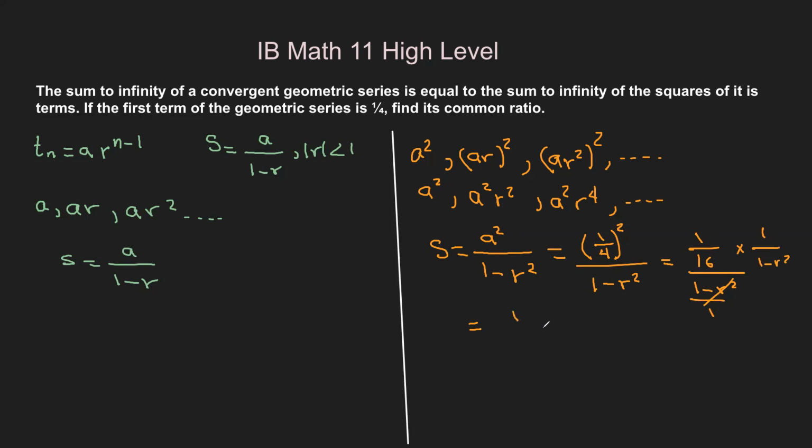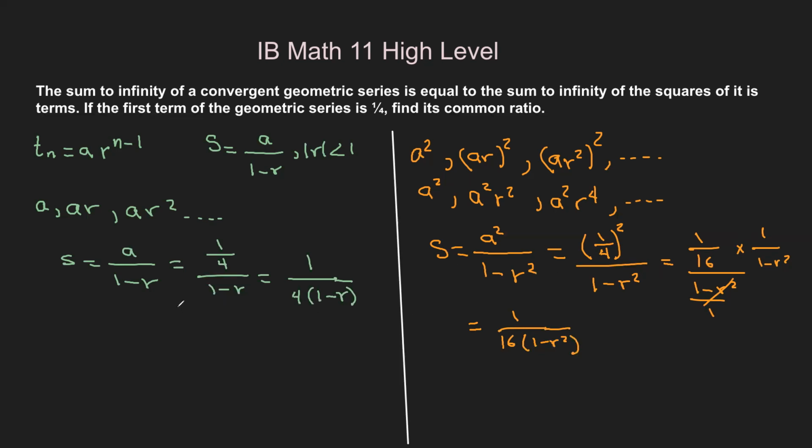So this gives me 1 over 16 times 1 minus R squared. Substituting 1/4 for A, with 1 minus R on the bottom, this ends up being 1 over 4 times 1 minus R. The same thing, the 16 came down with this; I just took a shortcut instead of showing you the steps.